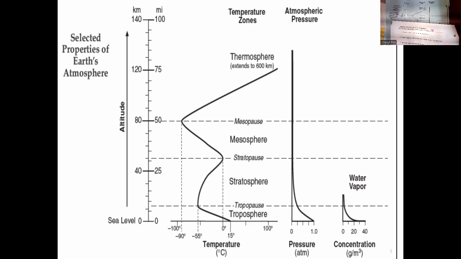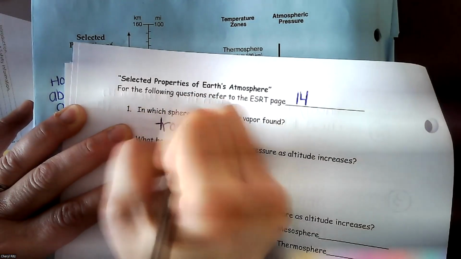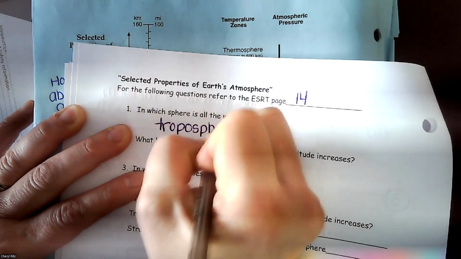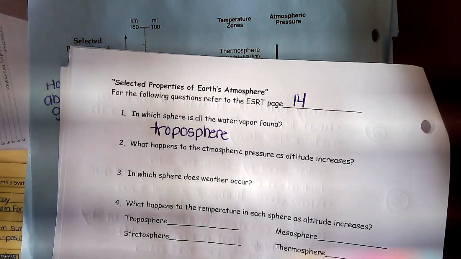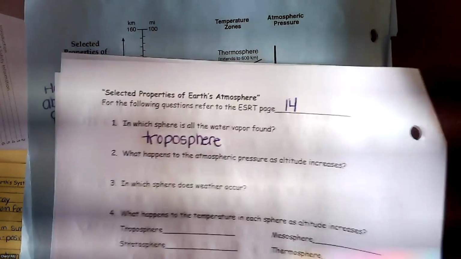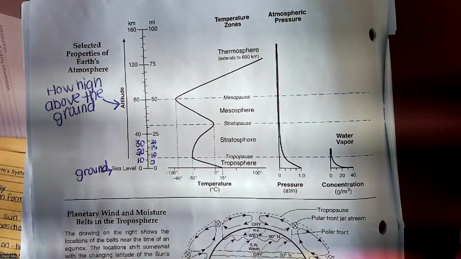Where's most of the water vapor found? Troposphere. So again, this graph only goes up so far, and most of the water vapor is in the troposphere. Do not say tropopause. What happens to the atmospheric pressure, which by the way is just another way of saying pressure, as altitude increases?